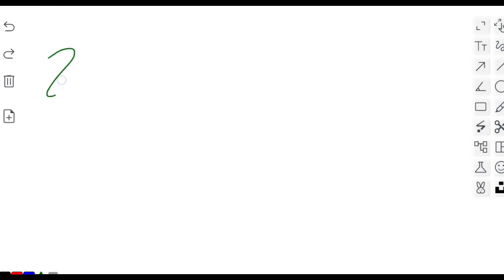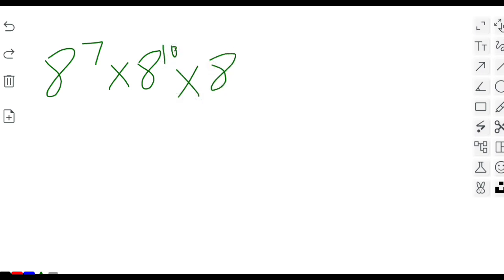So if I have 8 raised to the power of 7 times 8 raised to the power of 10 times 8 raised to the power of 1, but we might not indicate the index of 1 here. Now, what does this mean?